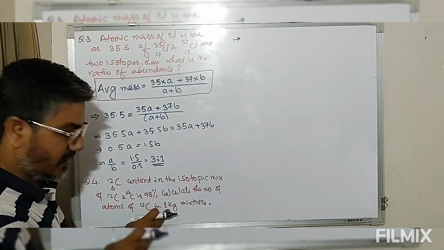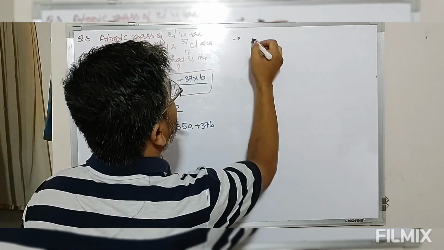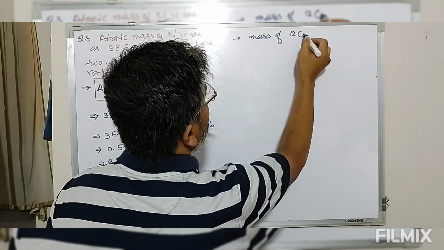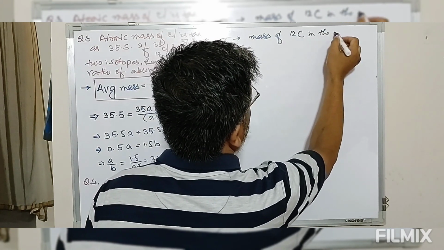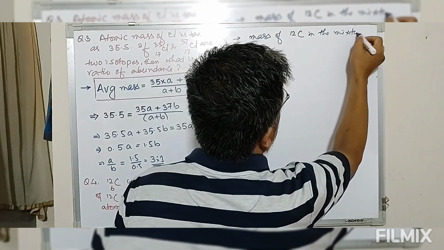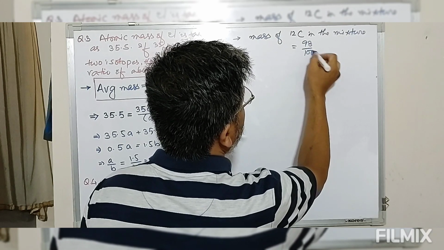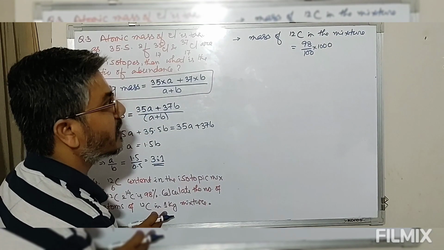Total mass is 100. So therefore, the mass of carbon 12 in the mixture is equal to 98% of the total value, that is 1 kilogram.